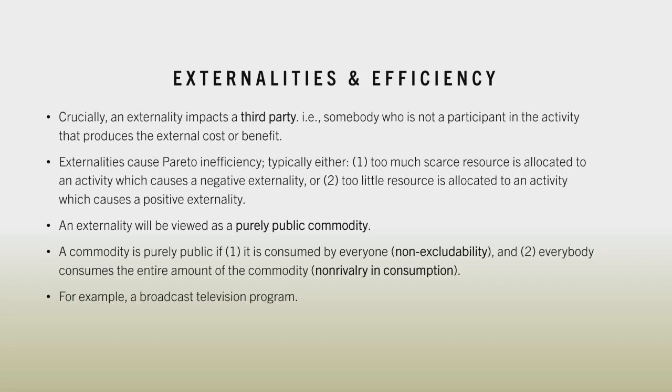And there could be different reasons. We will actually see that even trade, when we saw, for example, the Edgeworth box, even between consumers, for example smoking, could be an externality between consumers.